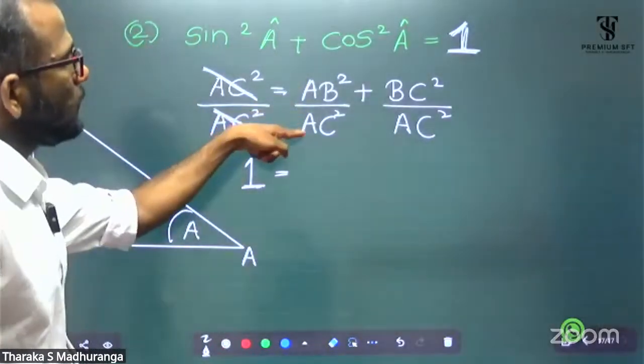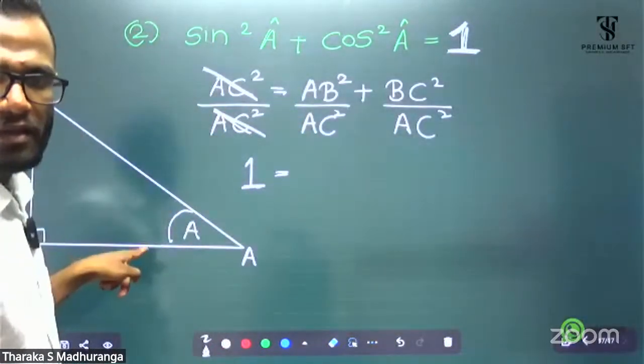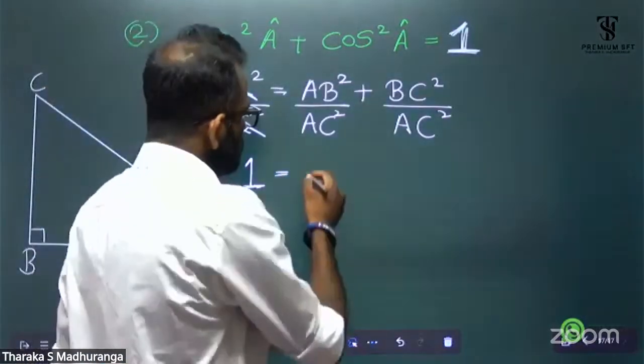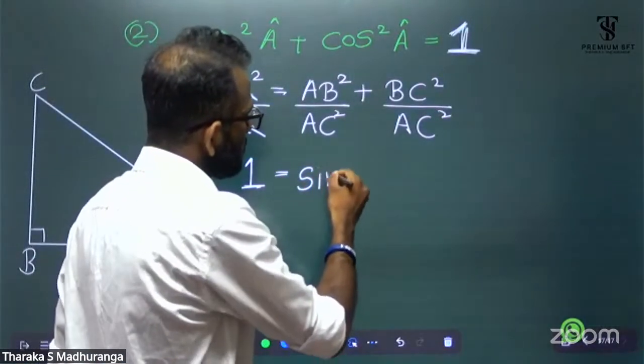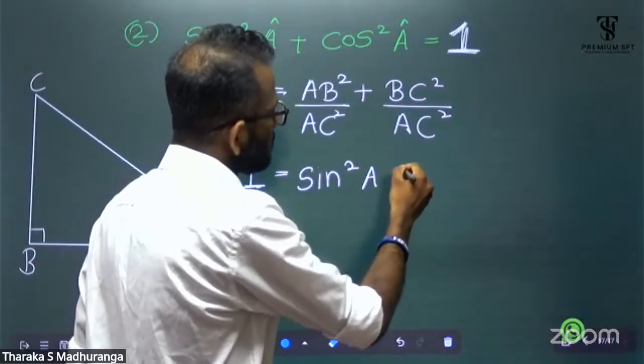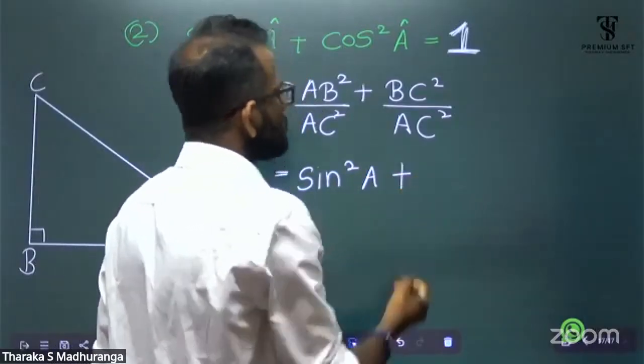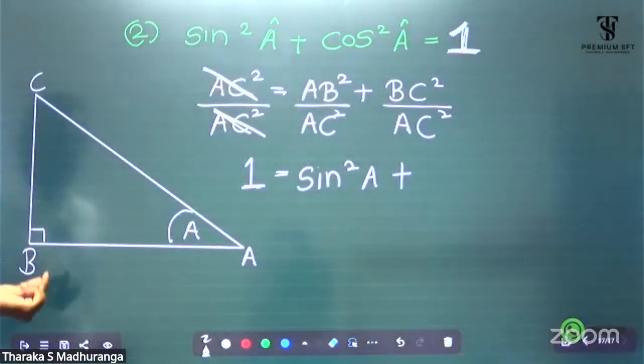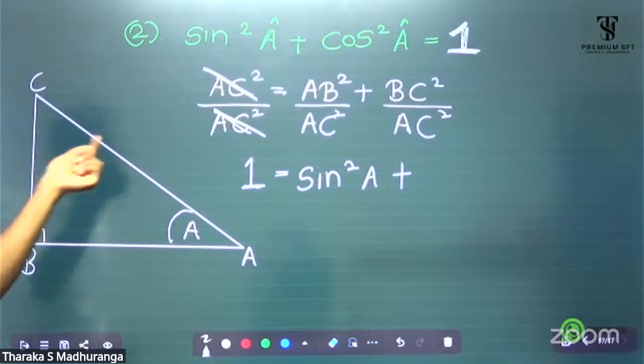AB over AC means sin, both squared. Therefore sin squared A, plus BC over AC.